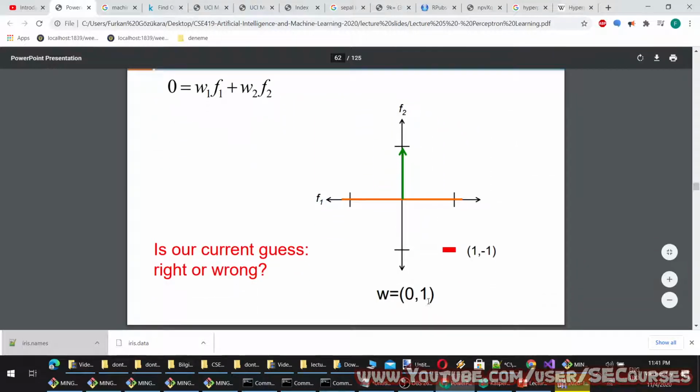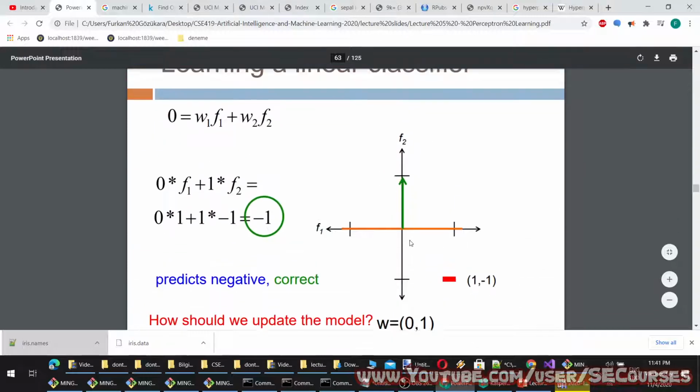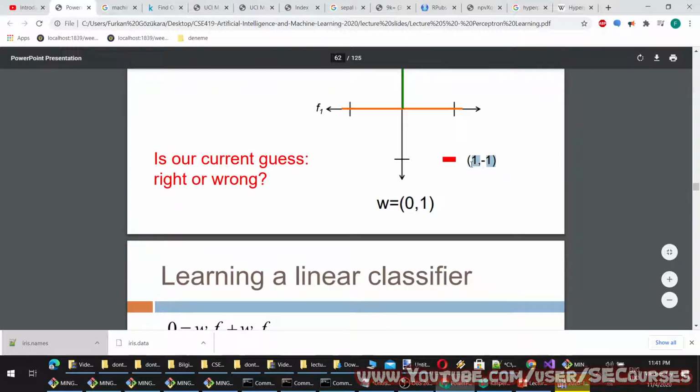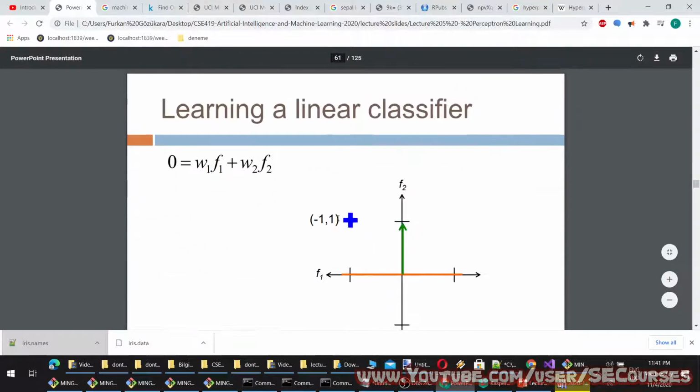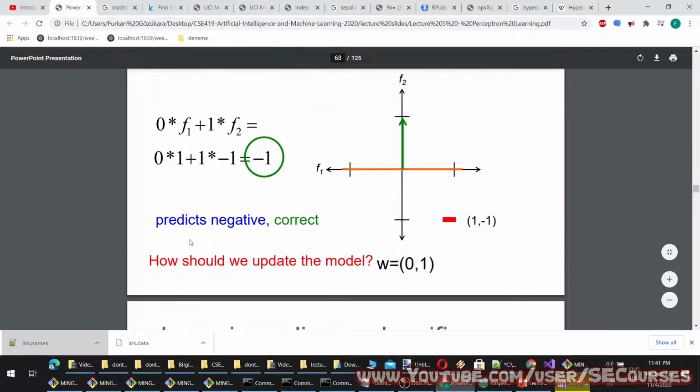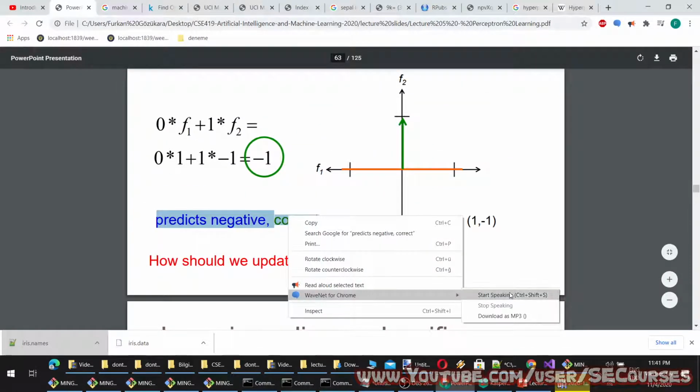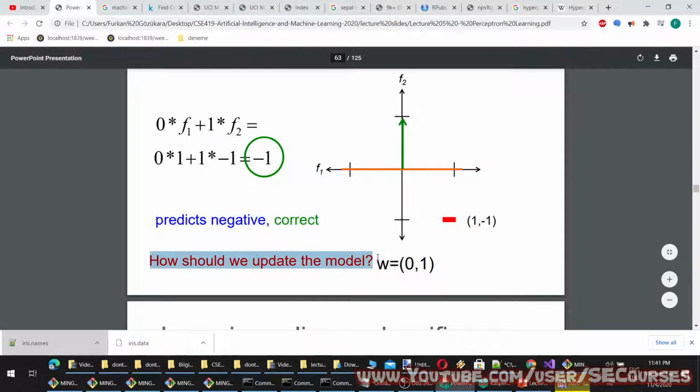So if these weights can correctly classify this example, let's try the next. 1 times 0 is 0, -1 times 1 is -1, and the class of this example is also negative. Therefore, this is also correct. So these weights can correctly classify this example and this example. Predicts negative, correct.